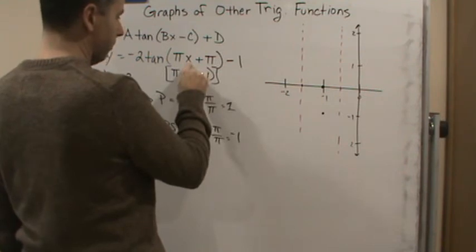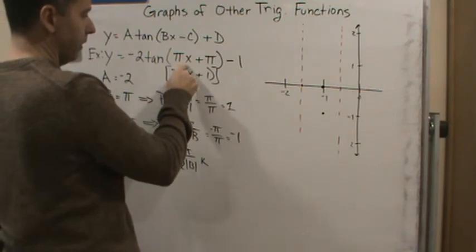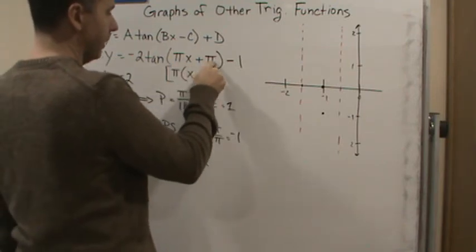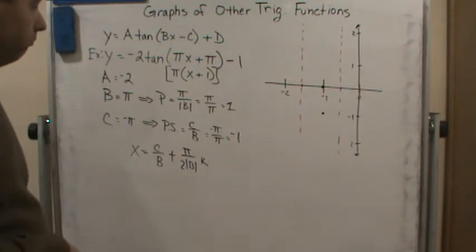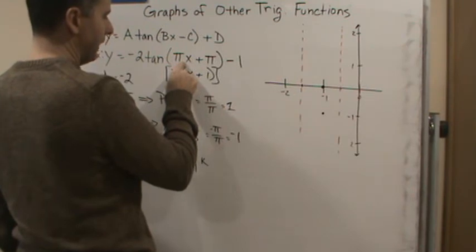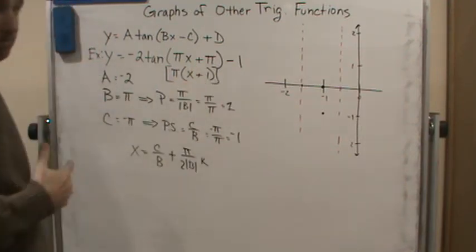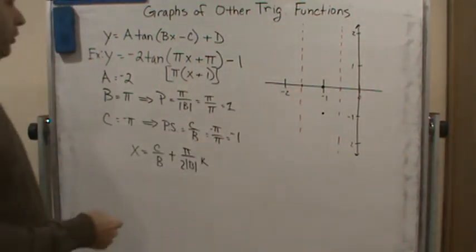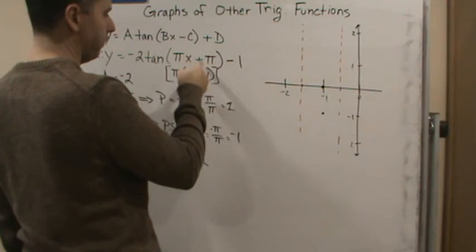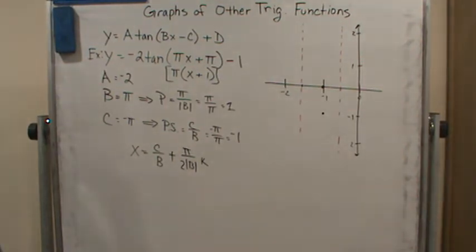If x is -3/4, what happens? This is -3 pi over 4 plus pi, which is -3 pi over 4 plus 4 pi over 4, which gives you a positive pi over 4.